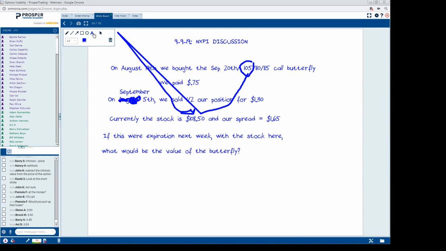Glenn, Brock, Barry, Avi, you guys all got it. The 105 call would be 350, right? Everybody got that? Sorry for the scribbly line up there.